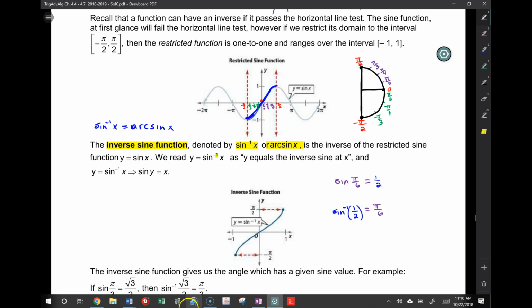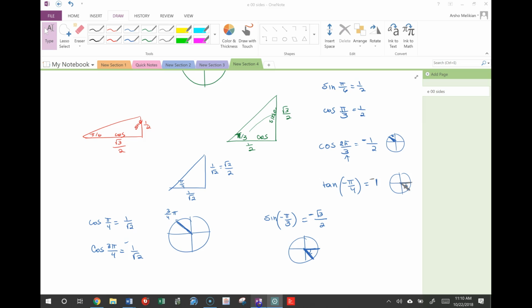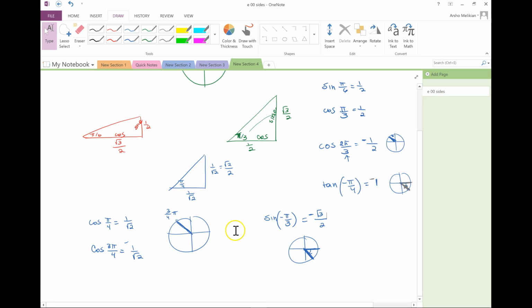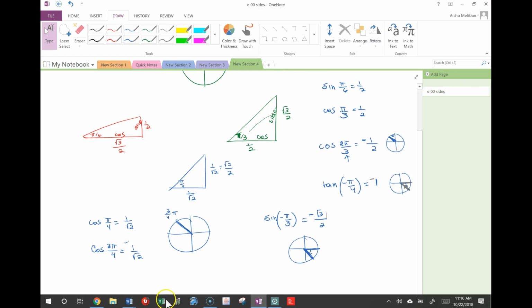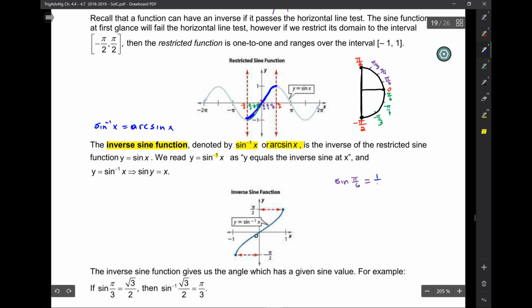Right now, my main concern is, what does this all mean? Before, I asked you, what is sine of pi over 6? And you did this stuff, and you figured out that it's 1/2. Now, I'm going to ask you in the reverse order. Before, you would tell me this is 1/2. Now I'm going to go in the opposite order.